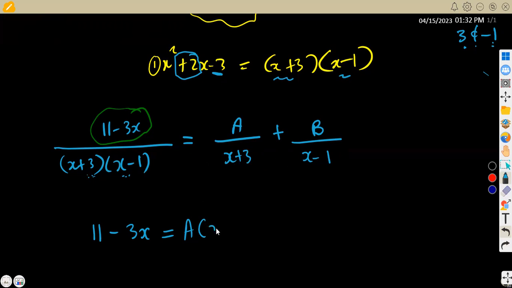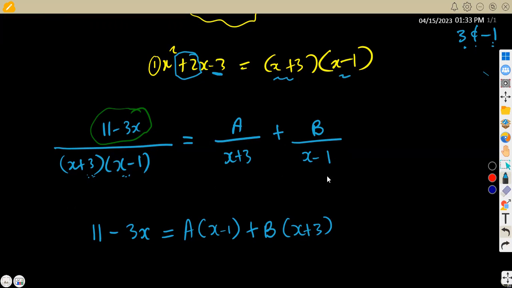So this x minus 1 is going to multiply A. We move on to this part with B. We divide again our LCM by x minus 1, so x minus 1 will cancel. We remain with x plus 3. You do not say that everything cancels so there's nothing left. No, you assume that this will cancel, so you remain with x plus 3 like that.